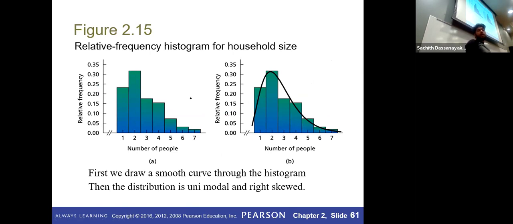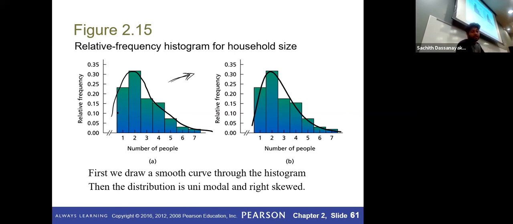This is what we have. This is our histogram, frequency distribution or relative frequency, that's fine. Using this, as I mentioned, you can simply draw a smooth curve. Something like this. No need to be a perfect smooth curve, just try to approximate it.